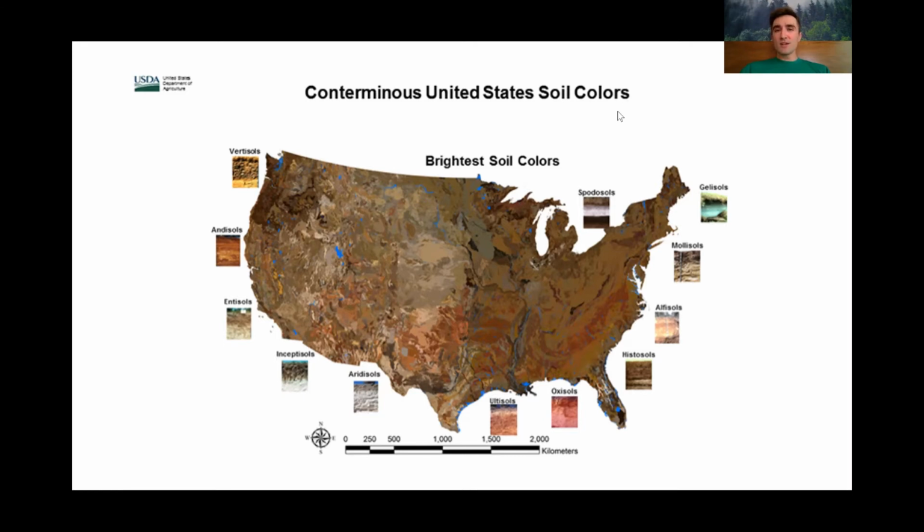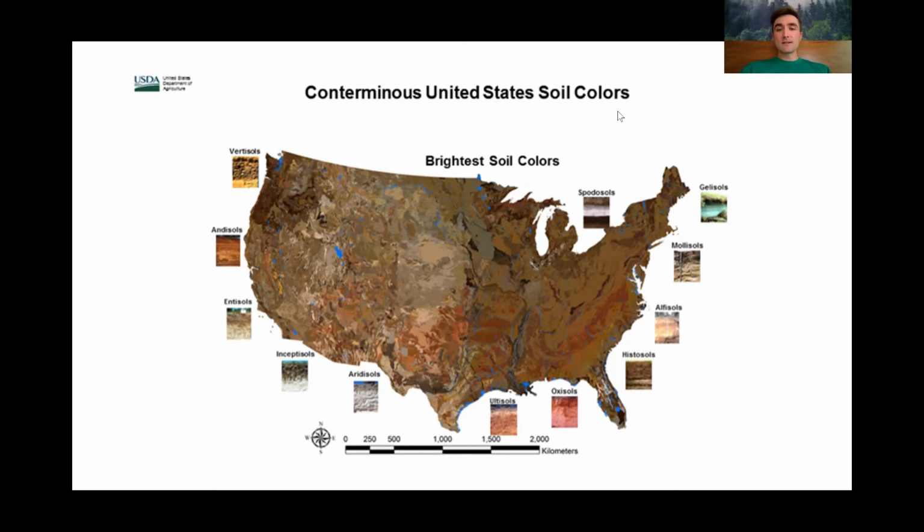It's not as complicated as the kingdom, phylum, and all the way through to the genus and species. This is a little bit more simple, but every soil is put into a category of soil taxonomy. And the color is one of the primary indicators for what type of soil it is. And different types of soil have different characteristics.